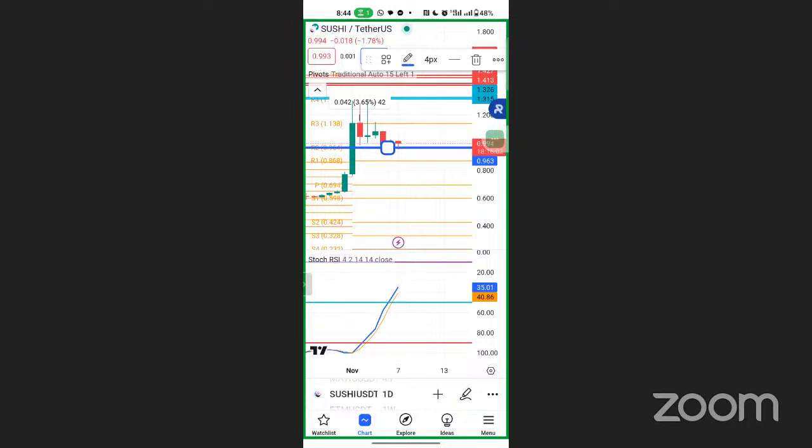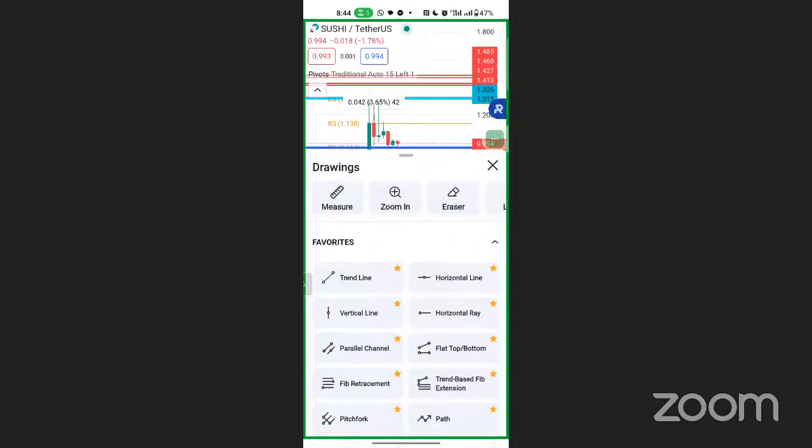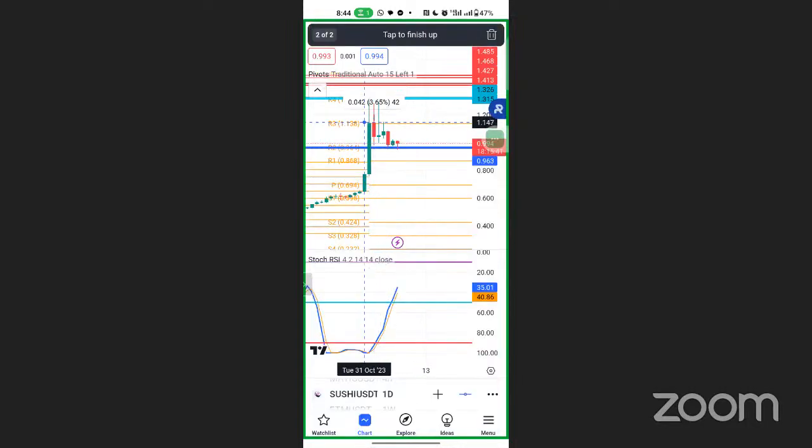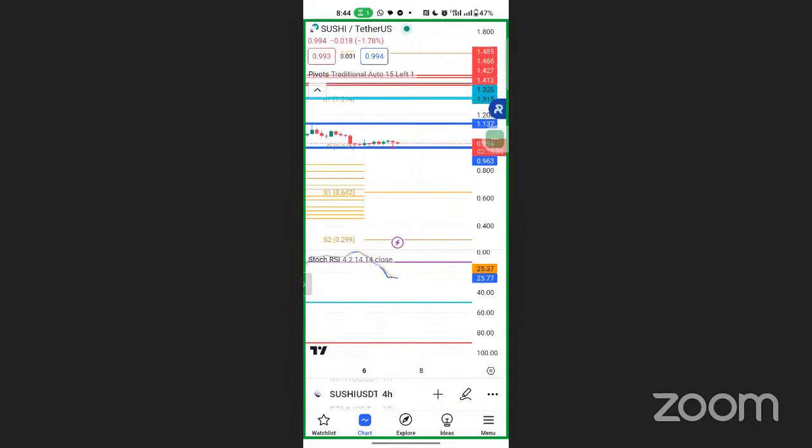So understand there will come a reversal. Expect a reversal. But once this candle is respected, then, sir, you seem to be having some money up to resistance 3 here. Let me look at it in a 4-hour time frame. It has been overbought, so please understand. It looks to have a resistance, but expect things might go the other way around.